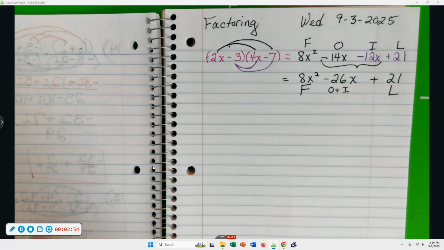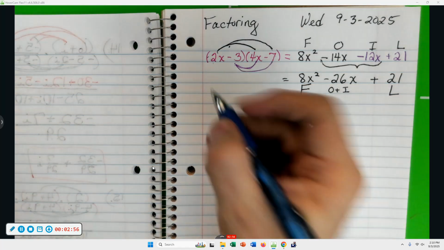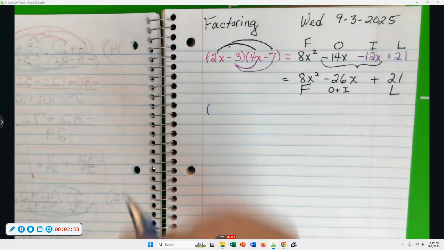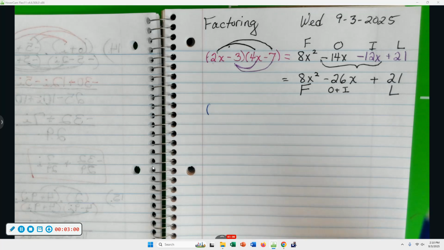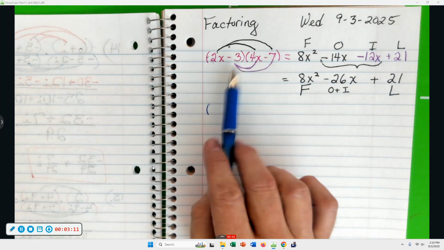Okay, let's do one more, because in math you always do stuff one way, then you do it in reverse. Right here we're foiling.